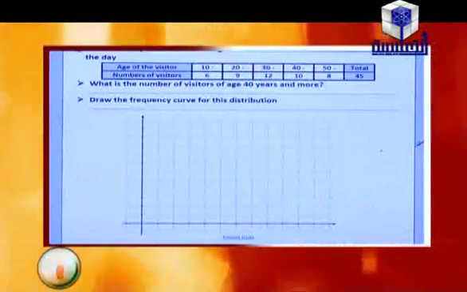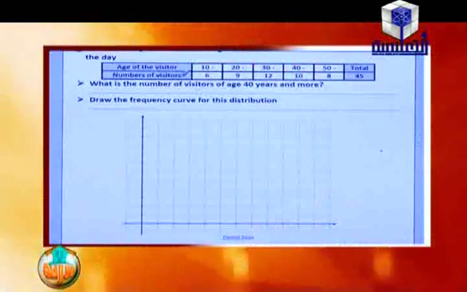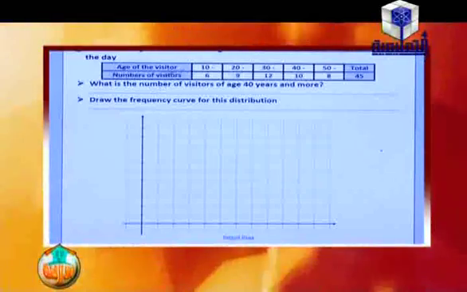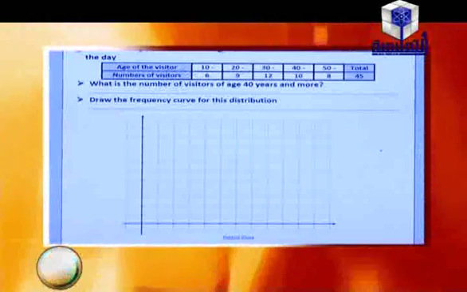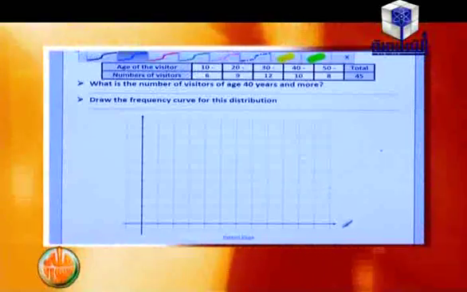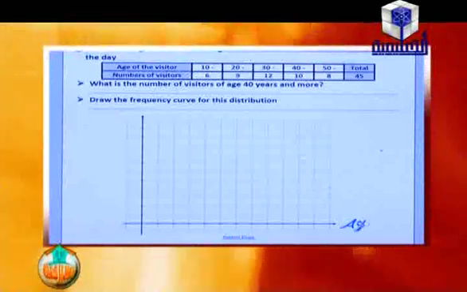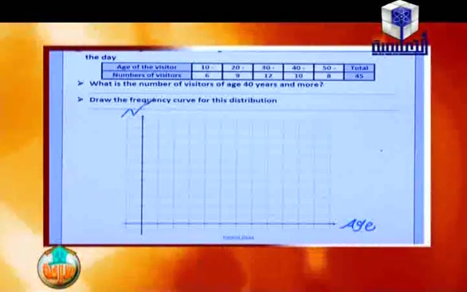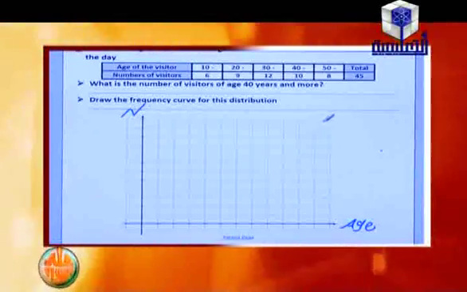How can we draw this curve? In this question we have a given table, and we have two rows. The first one represents the age of the visitors. The second row represents the number of the visitors. So step one, put the age on the horizontal line and the number of visitors on the vertical line.